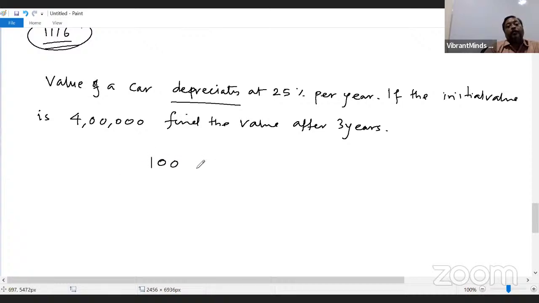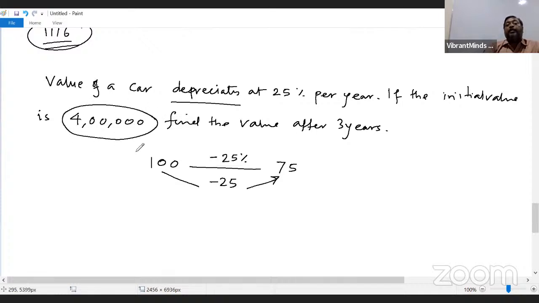100 rupees will get converted into 75. So it is minus, and it will be 100 minus 25, that is 75. So in the same way, 4 lakh will depreciate into something different, and the value realized here is only 75%.